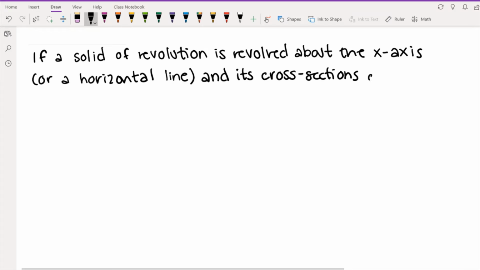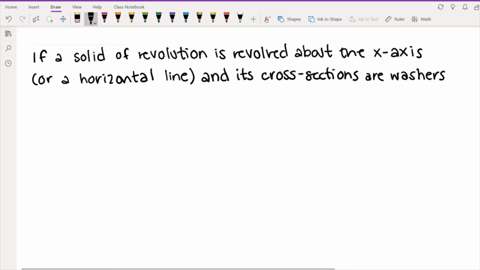So I didn't really say this in the last video because I didn't want to add complication, but really when I wrote out this kind of similar statement in the last video, I should have added that the cross sections have to be disks in order to make that true. And it's cross sections, sorry, I wrote the wrong word here, are washers.